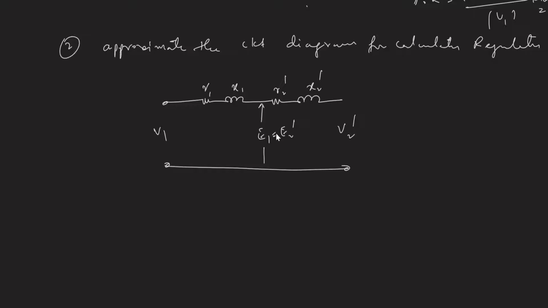Even if you remove this branch, the regulation values will not be drastically varied, right? Because what is actually missing here, if I remove this branch, now I1 has both I0 plus I2 dash. This is I2 dash, right?